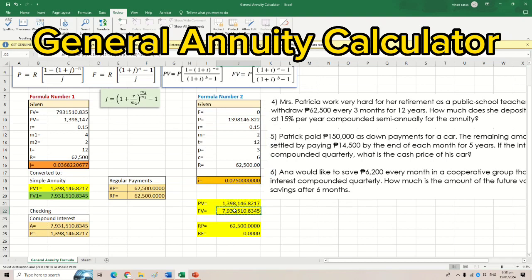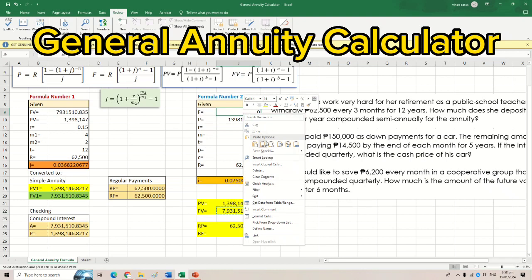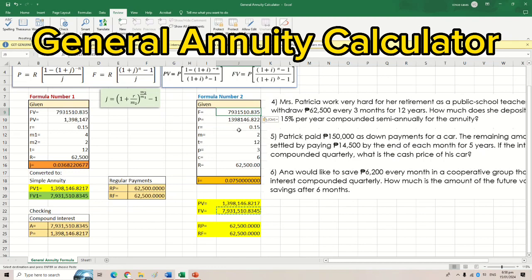This is only for checking to find out if our calculator is consistent. So it goes back to the R, capital R, or the regular payment. So our formula is consistent. Okay, let's check another one. Let's set this again to 0 to avoid confusion for our second problem.